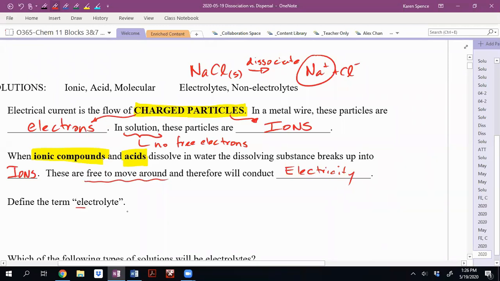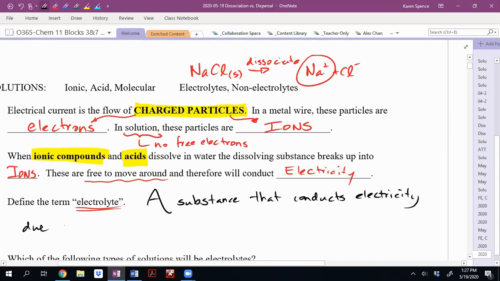So we are now going to define the term electrolyte. An electrolyte is a substance that conducts electricity due to the presence of freely moving ions.